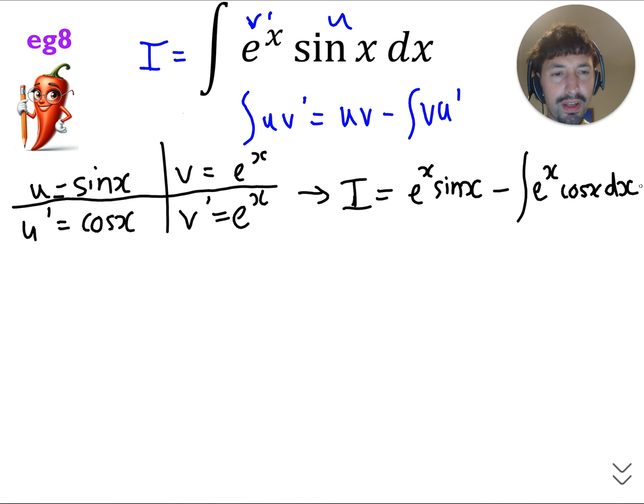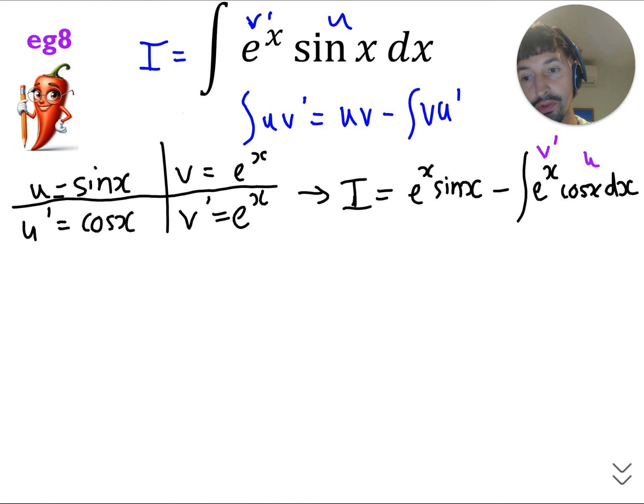Now this is where you might be going, well I've kind of got myself into another situation. We've got a similar integral. We've actually got the integral of e to the power of x cos x that we've got to do now. So I'm going to do the same idea. I'm going to take here my u to be cos x and e to the power of x to be my v dash again, and I'm going to do integration by parts for a second time.